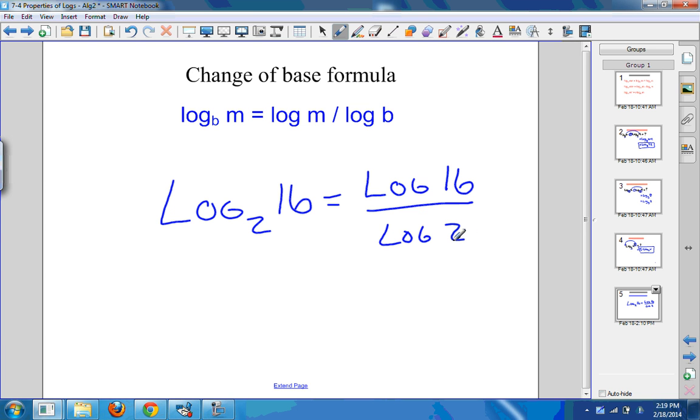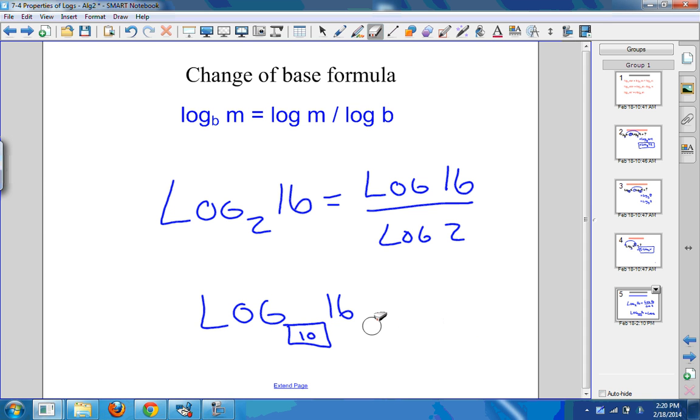All right. If I want to, I can put a base in here, the same base, or I can just leave it like that. If a log doesn't have a base, it has an imaginary 10 here. All right. So this would be the same thing as just log of 16.